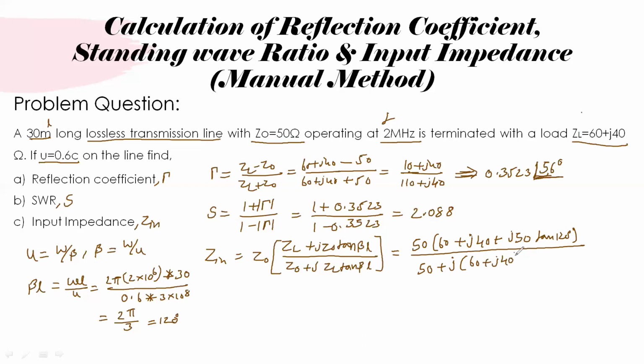So that is substituted here, then multiplied with tan 120 degrees. So the ZL value which is shown here is substituted as it is.